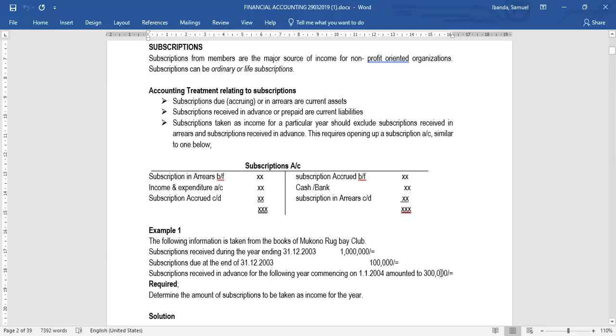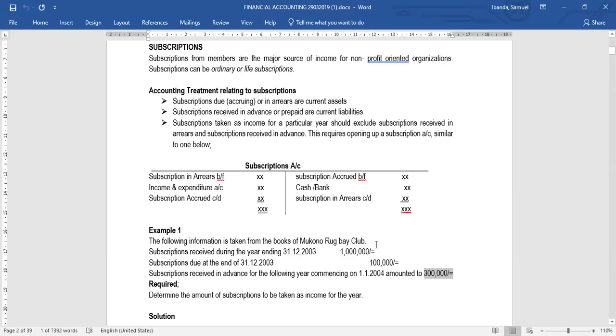Now, they are also telling us that we have some subscriptions that are received in advance, okay? So part of, let's say, the 1 million that we see here of the subscriptions that we received during the financial year ending this period, we have part of it, 300,000, that relates to the next financial year, okay?